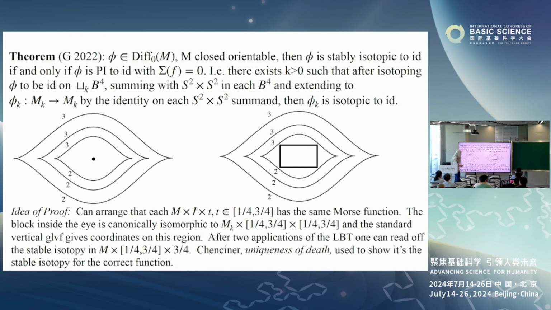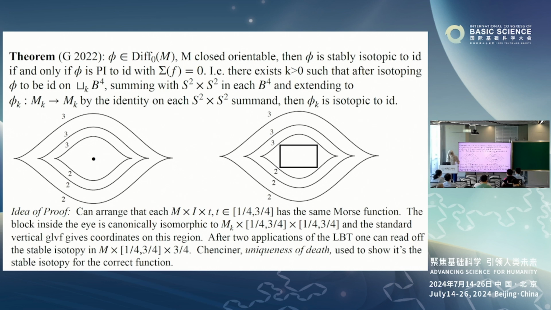So the upshot is that you organize the data inside, literally inside this eye of the one parameter family diagram, and you literally see stable isotopy right here.